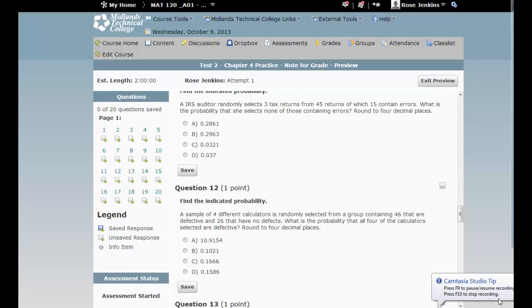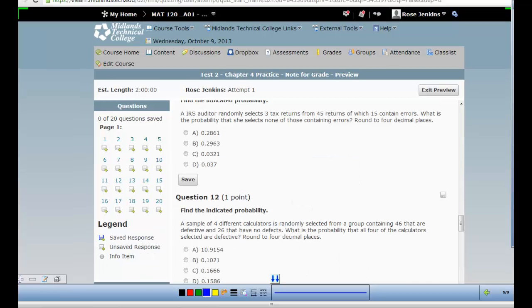Okay, what's your thinking? Okay, thinking multiplication rule. Because we're interested, what is the probability that she selects none? Okay, so probability 3 with no errors. So no errors, no errors, and no errors.